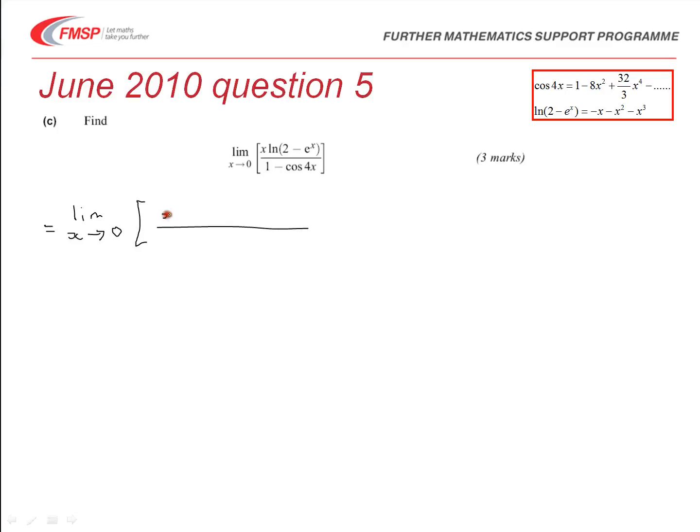We've got x multiplied by minus x squared minus x cubed, and so on, over 1 minus, and then we're subtracting 1 minus 8x squared plus 32 over 3 x to the 4, and so on.